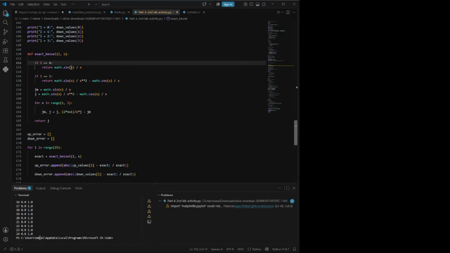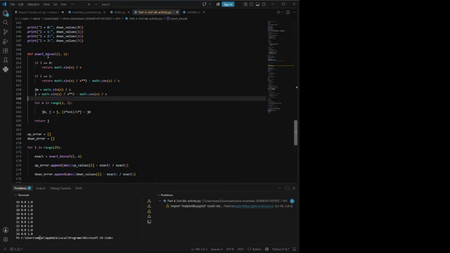Now, if L is equal to 0, then return sine x divided by x, and if it's equal to 1, then we will return math.sin(x) to the power of 2 with math.cos.